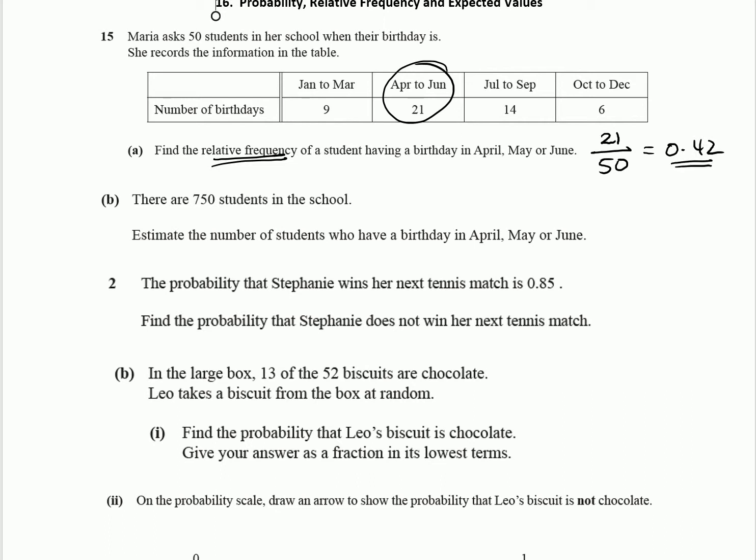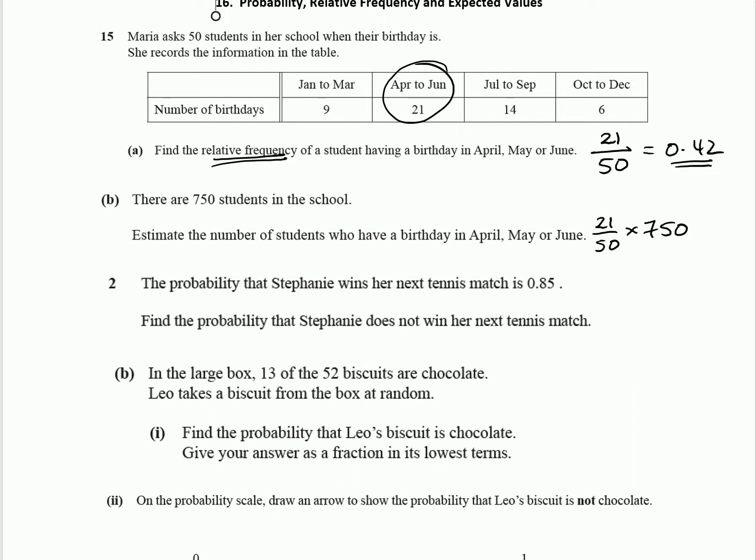In part B, there are 750 students in the school. I want to estimate the number of students who have a birthday in April, May, or June. So the way we do estimates with probabilities or relative frequencies is to take that probability or that relative frequency and multiply it by the number of things we're interested in.